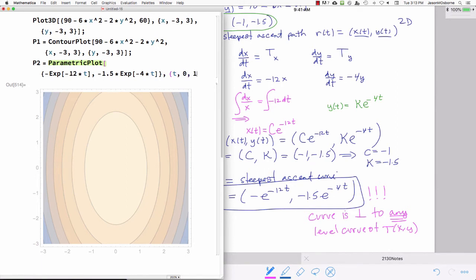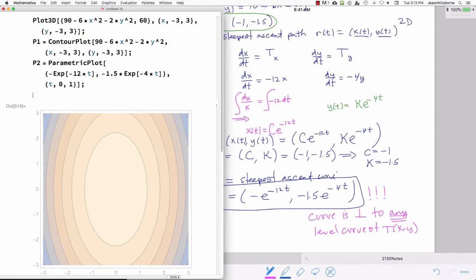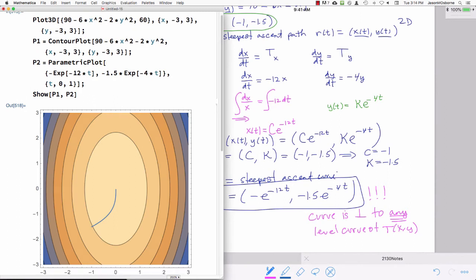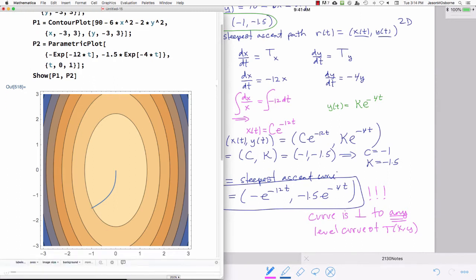So let's just say follow the insect for 1 second, and then you're going to show this plot on top of the contour plots. There you go. There is the path that the insect is going to follow to the higher temperatures.